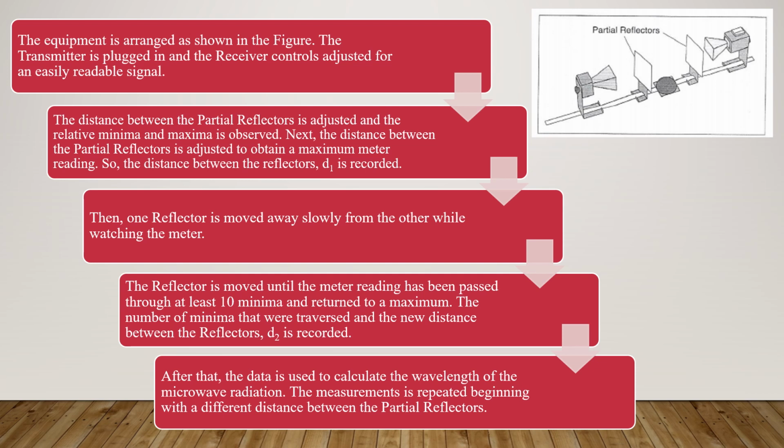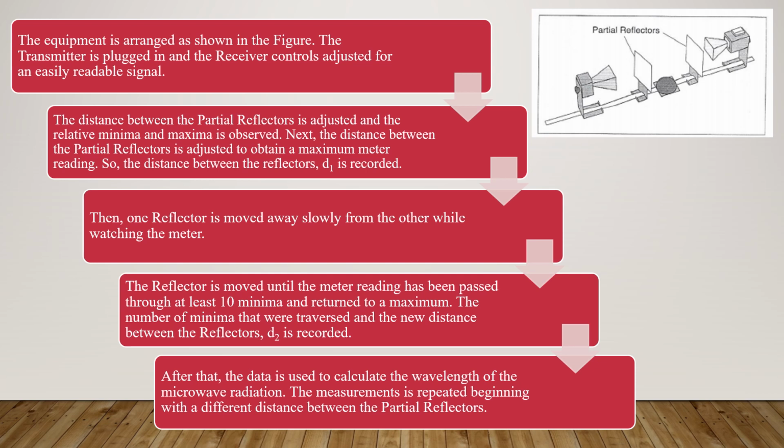Next, the distance between the partial reflectors is adjusted to obtain a minimum meter reading. The distance between the reflectors, which is d1, is recorded, and then one of the reflectors is moved slowly away from the other while we watch the meter. The reflector is moved until the meter reading has passed through at least 10 minima and returned to a maximum.